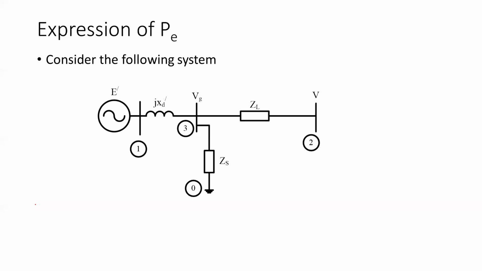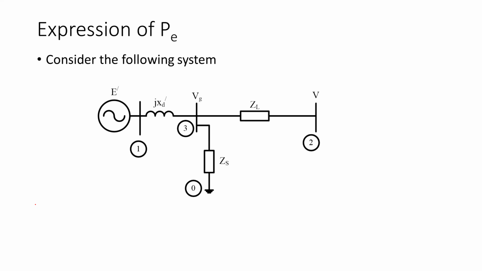What is VG, anyone? What is VG over here? The terminal voltage of the generator. Very good. So VG is the terminal voltage of the generator.